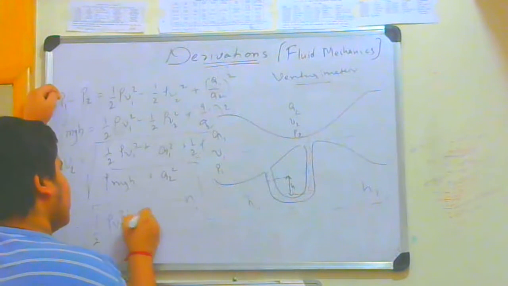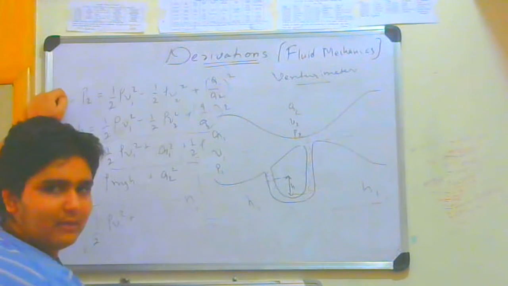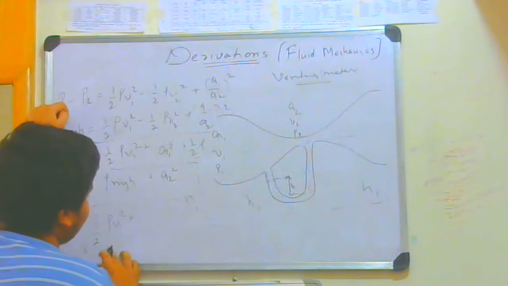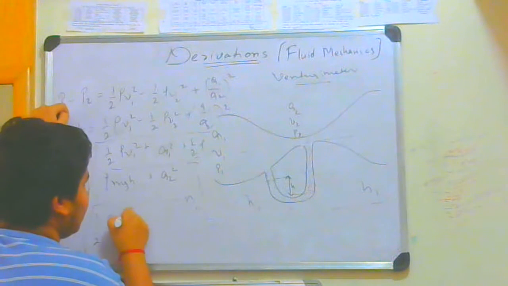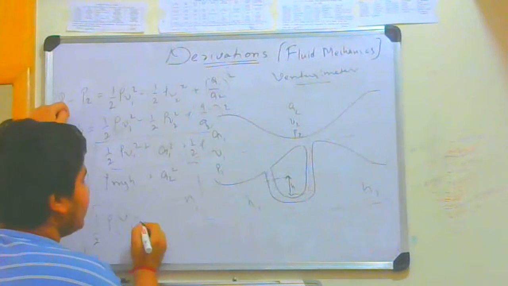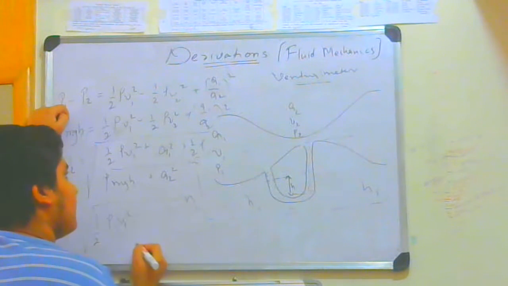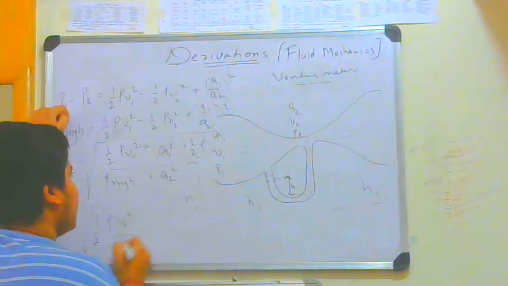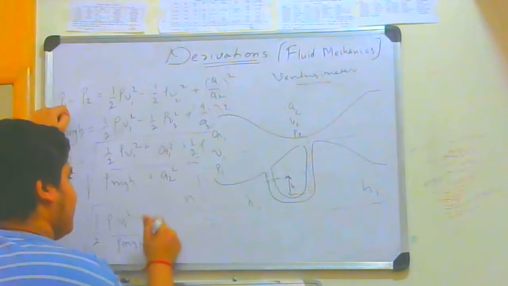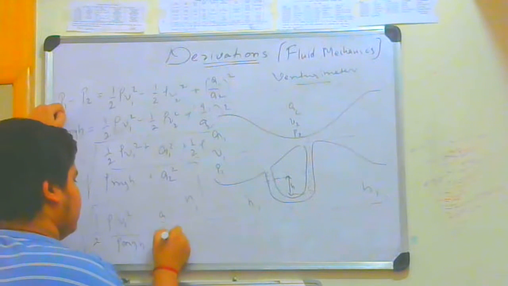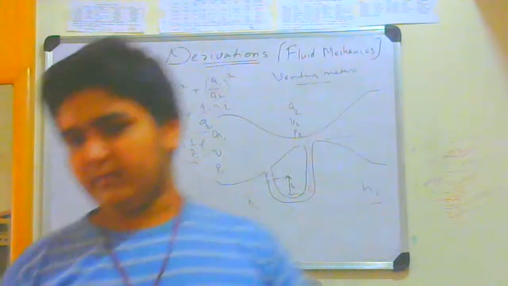Rho V1 square plus यहाँ पे A1 square A2 square will go out, it will become A1 by A2. So I'll be left with 1/2 rho V1 square minus V2 नहीं है मेरे पास. बाहर आ जाएगा a1 upon, this is my velocity ve, that is velocity of flux. नोट करो.